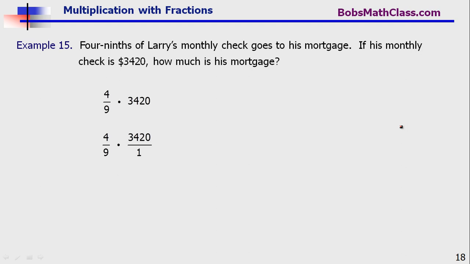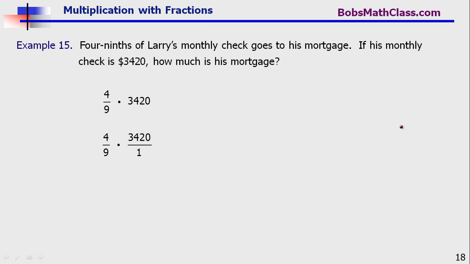So you have two choices. You could cross-cancel. I think that's a good idea. Or you could multiply straight across and then divide by the bottom number. That's also a possibility. The answer here is not a fraction because it has to come out to be somebody's mortgage. So the answer is going to be $1,300, something like that. So if you wanted to, you can multiply straight across and then divide by 9.